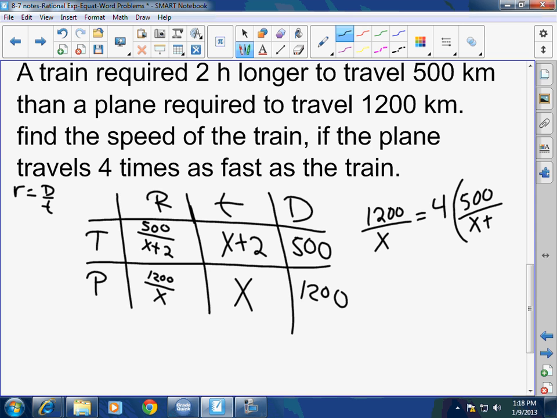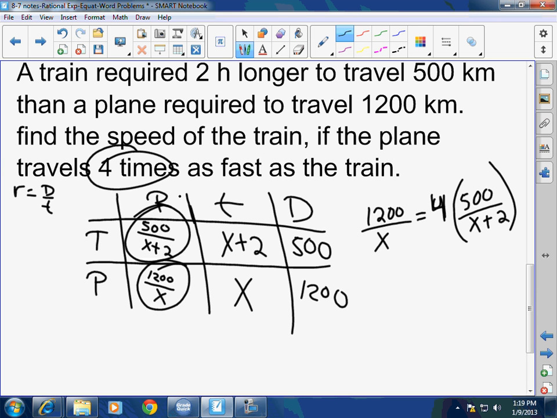Find the time. Do you see what I did there? The plane, which is this, travels 4 times as fast as the train. So the plane, 12 over x, is 4 times as fast as the train's rate. Does that make sense?